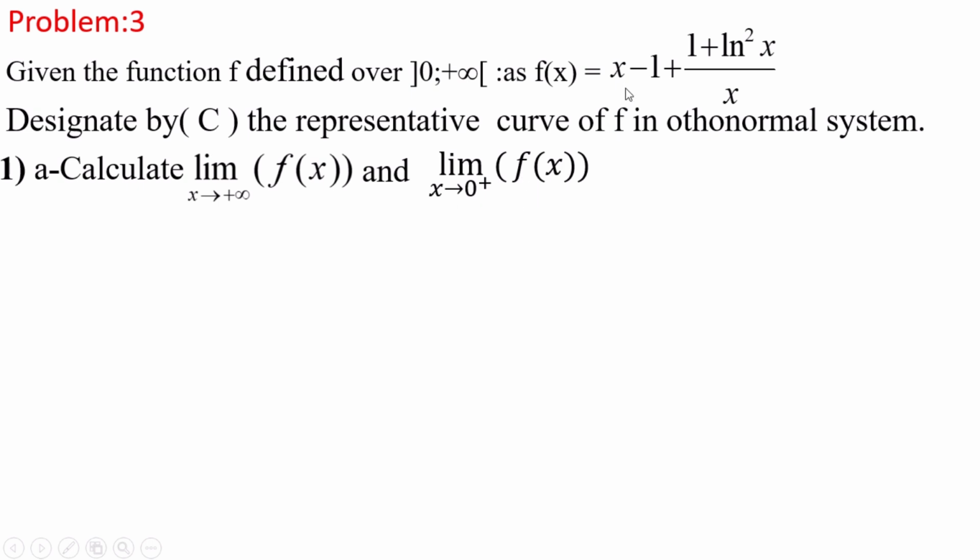As x goes to plus infinity, (1 plus ln squared x) over x goes to 0 because x is faster than 1 plus ln squared x.